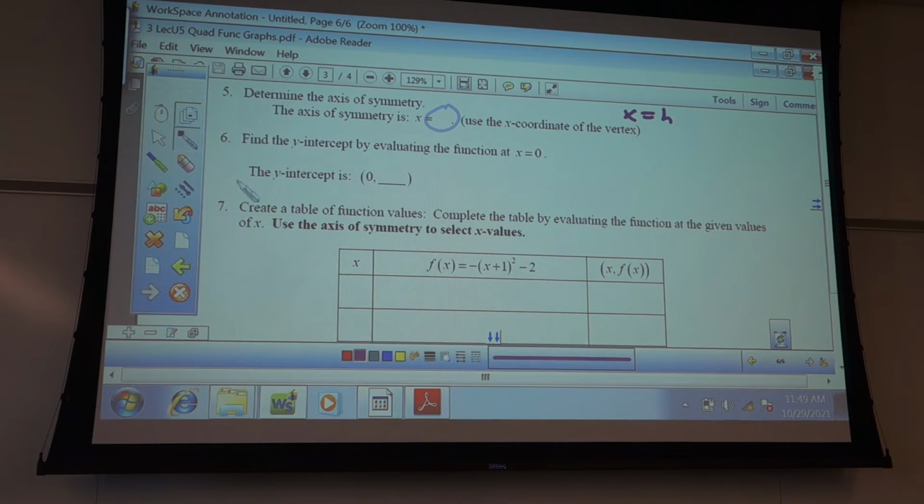And then number 6, the y-intercept, you put in x equals 0 into your function. So remember, the y-intercept is 0, comma, whatever c is. So you all know what c is. Fill in those two numbers.